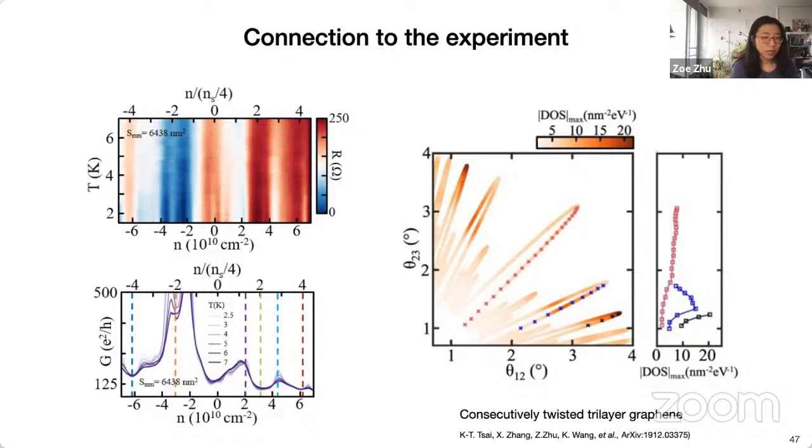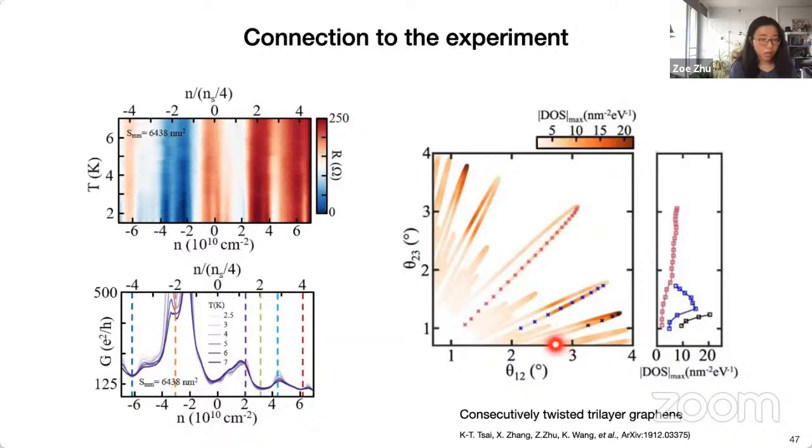But again, as I mentioned in the very beginning of this presentation, there is no one-to-one correspondence between the moiré cell area and the twist angles. So just from the filling vector, I can only constrain myself to a contour on the twist angle phase space. This contour that I'm pointing to right now is all the allowed values of twist angles, and the colors show the density of states maximum on this contour.